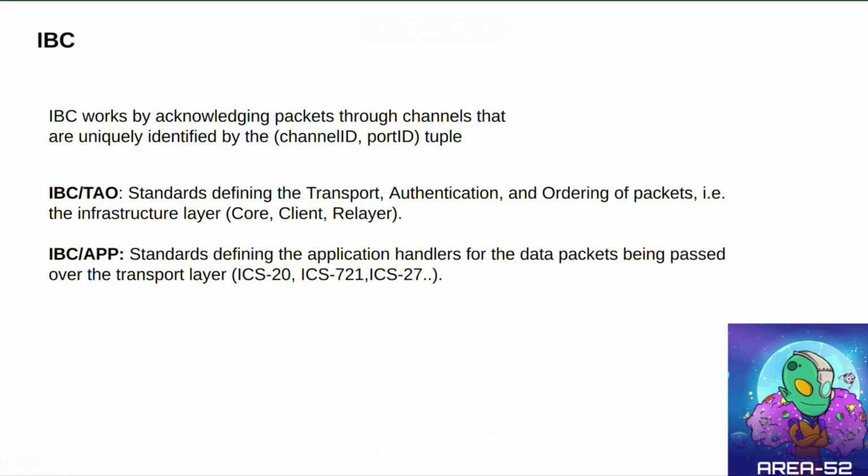There are also other standards that are app specific, in the sense that they are on a tech stack a bit above the infrastructure of IBC. This is where you would see a lot of other standards, specifically ICS 20 and ICS 721.